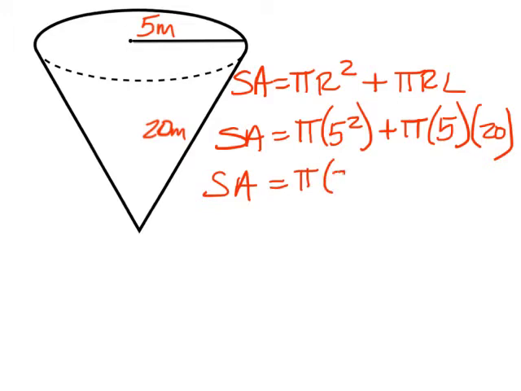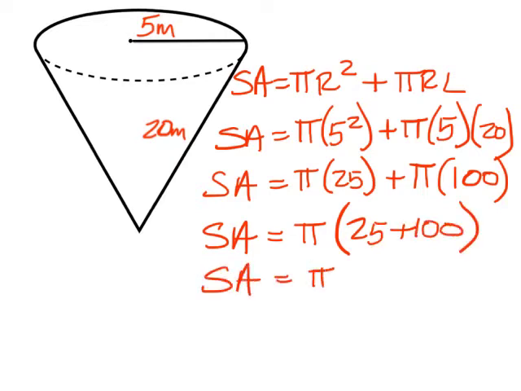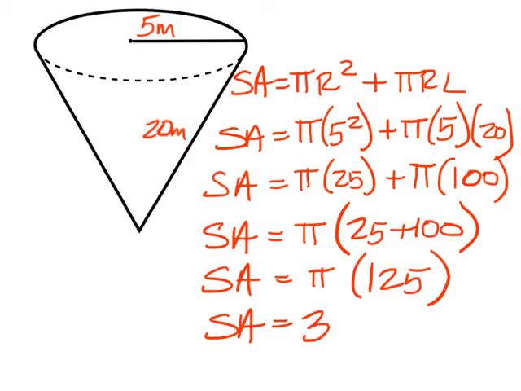Pi times 25 plus pi times 100. And you can simplify that down to pi times 25 plus 100. So that would be pi times 125. The surface area would be 392.70 meters squared.